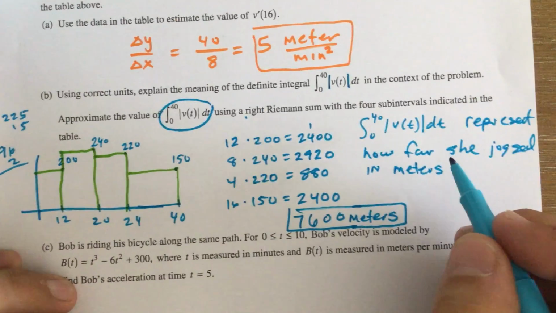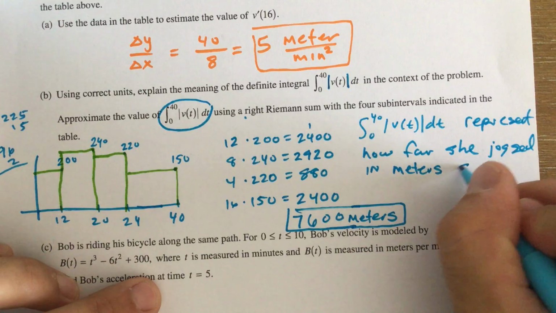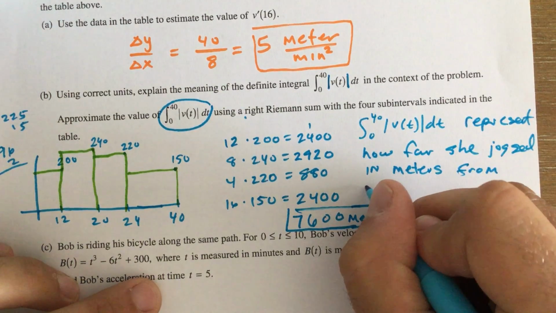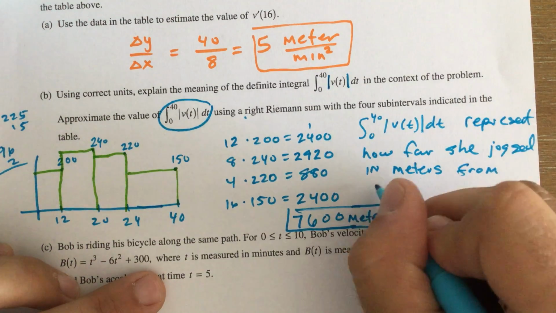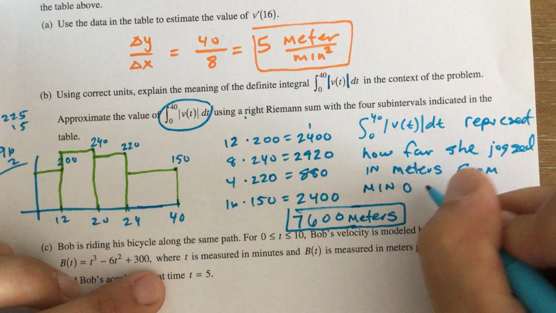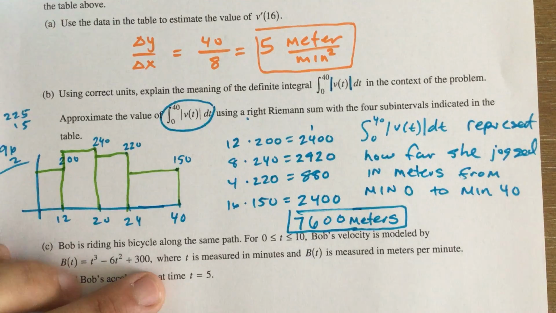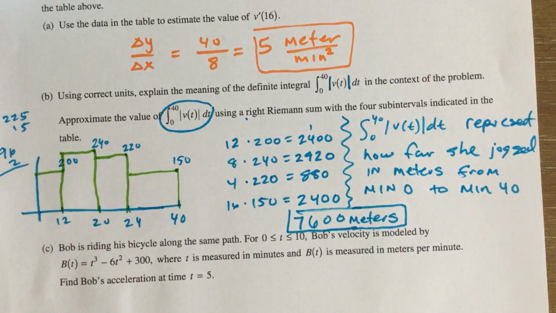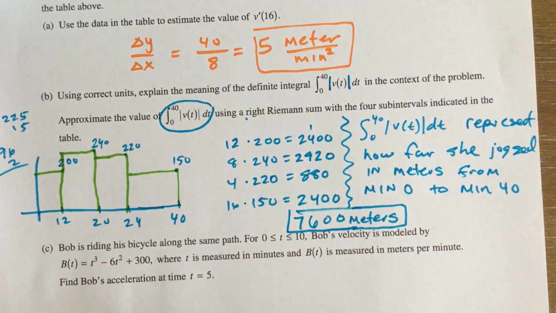So that represents how far she jogged in meters, not for 40 seconds, but in minutes, from minute 0 to minute 40. Okay? And I'm going to go ahead and section that off a little bit. So we have the answer to the question, and then we also have what it represented.